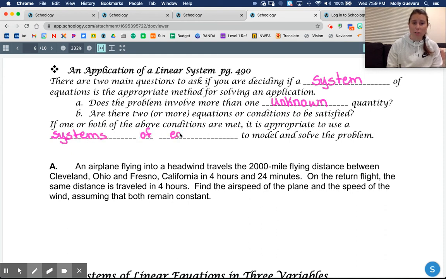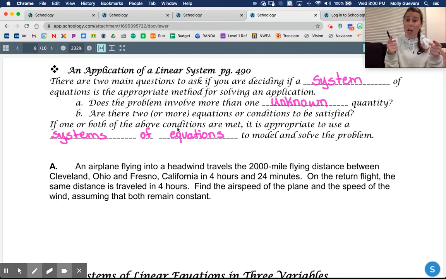So for the first question, what was the example that we did in 7-1? The investment, right? How much money was invested at 9%? How much money was invested at 11%?